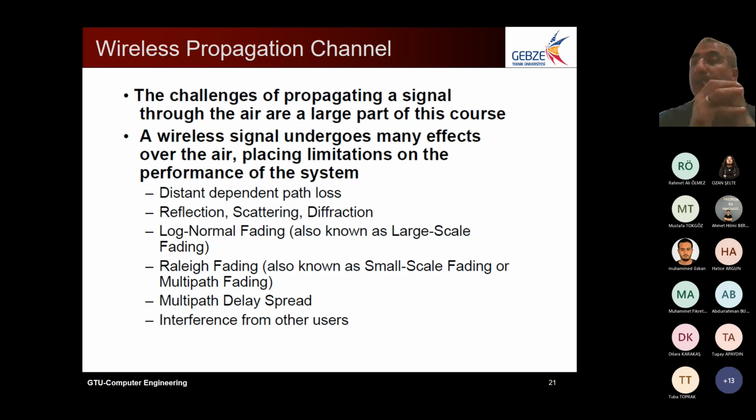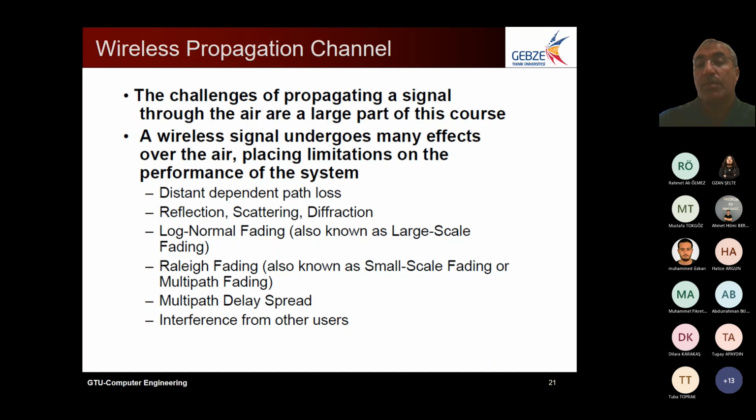In the outdoor case, it can hit the buildings, the trees, the mountains, the hills, and cars, even the people, and so on. So after each of these hits by the objects, it can change the parameters of your signal, such as the phase, the magnitude, or the time delay of your signal.